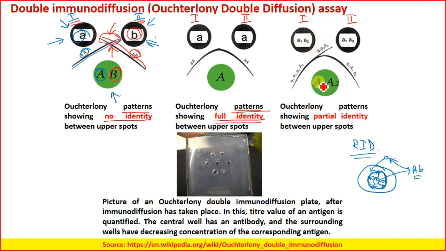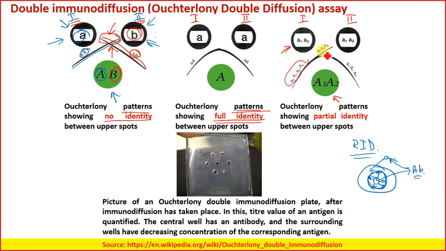If you see A1 and A2, for both of these antigens we have both A1 and A2 antibody, right? So we'll be getting a line. Initially we will have small a1 and capital A1, small a2 and capital A2.